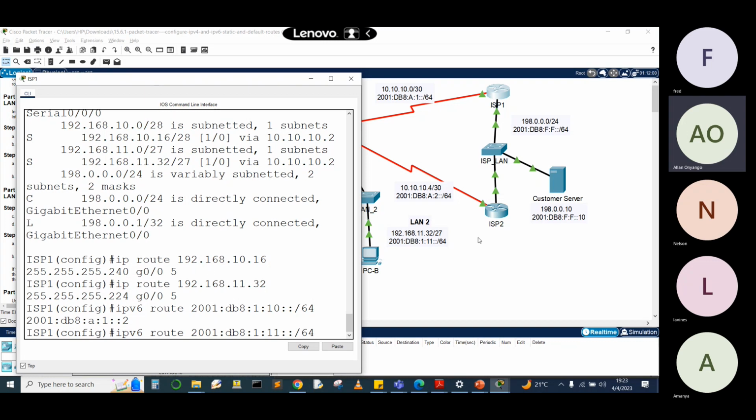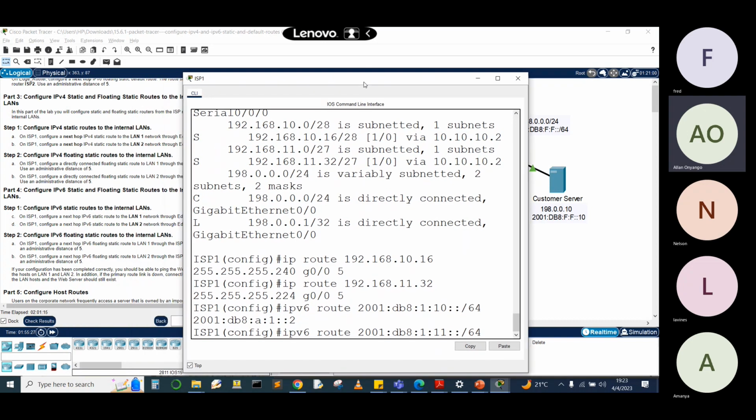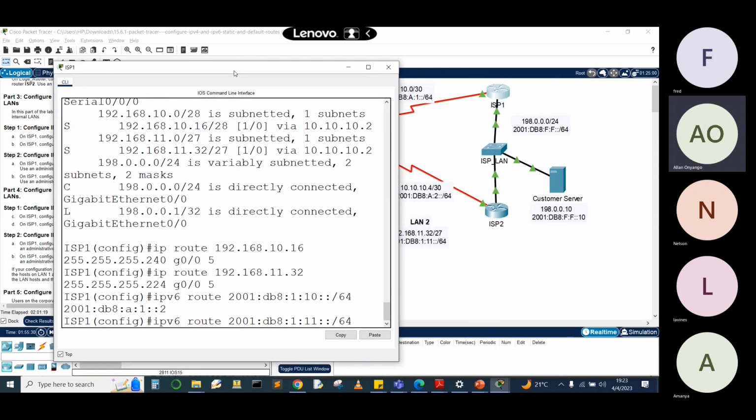Remember, that is the network address of LAN 2 right here. Then put a space, and we need to put the next hop, which is through the edge router, as we were told. Yes, still using the next hop.